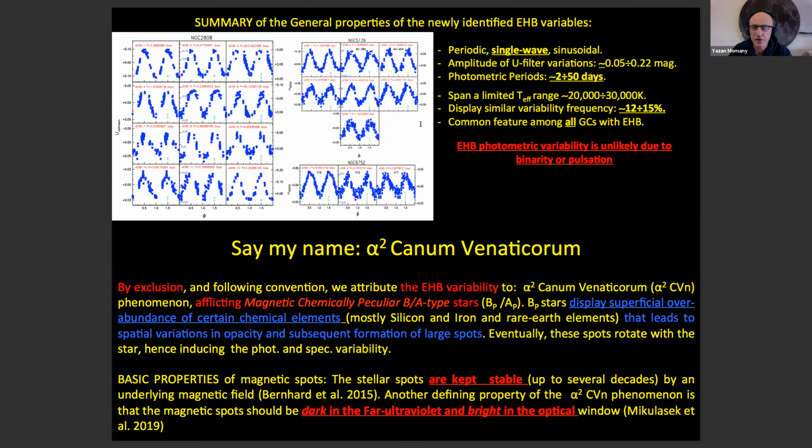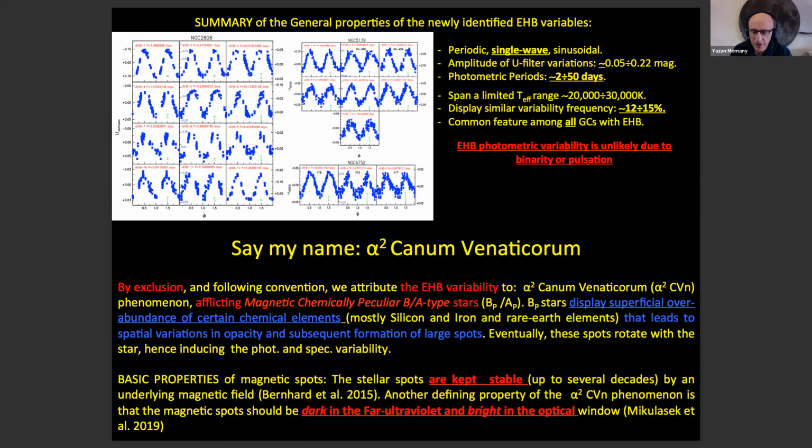So the first summary of the talk is that we do recover a periodic single wave sinusoidal variability that has a U filter amplitude between 0.05 and 0.2, and in a precise regime of variability between 2 and 50 days.